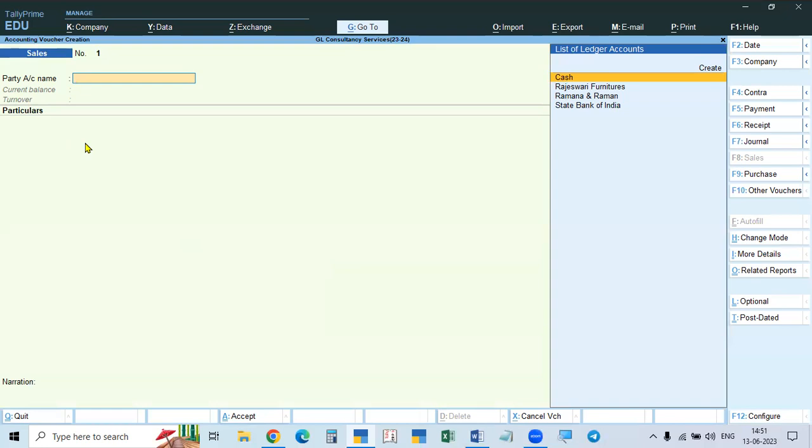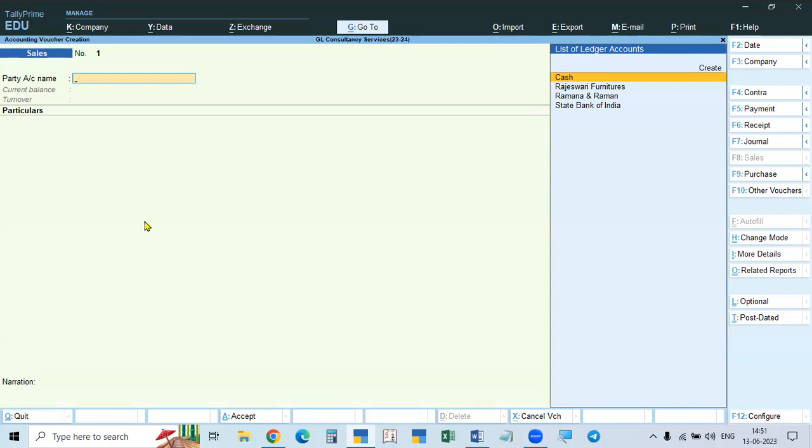But here we create, instead of stock, for goods, we create purchase account and sales account in ledger. That is ledger accounts. But for services, we create the name of the service in the ledger. So for goods, purchase account and sales account, that is ledger. And for services, that particular service account we have to create.